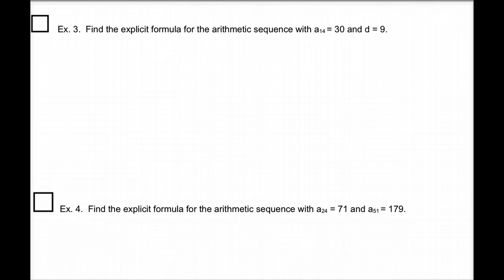Example 3 is basically the same thing as example 2. I would encourage you to go ahead, try this one on your own, do a little pause action here and then come back and see if you got it right. Alright, so it's an explicit formula for an arithmetic sequence, so when it's arithmetic, we're thinking this formula here.